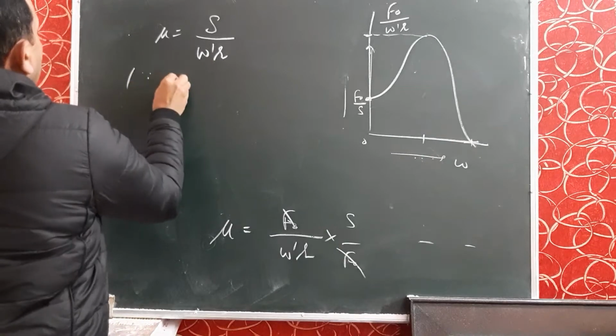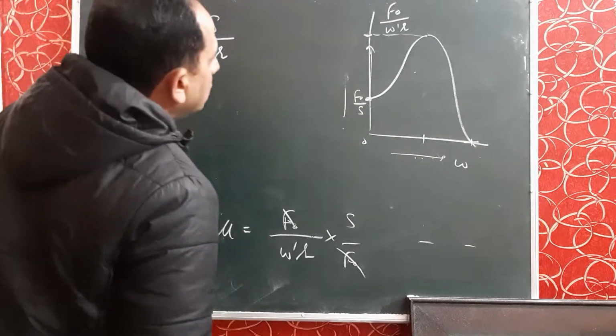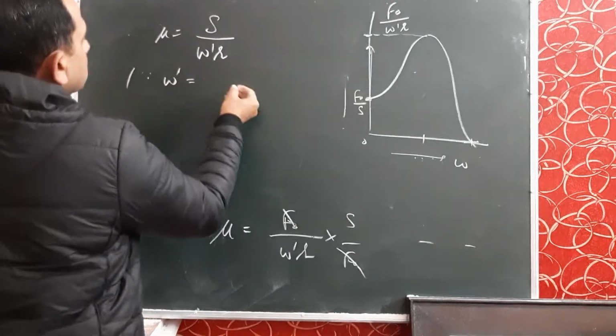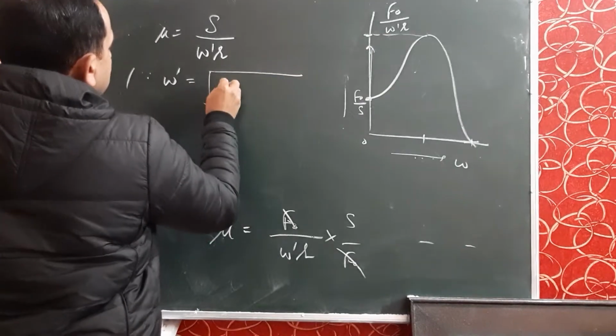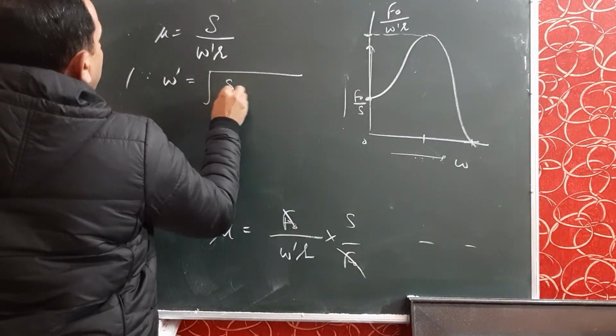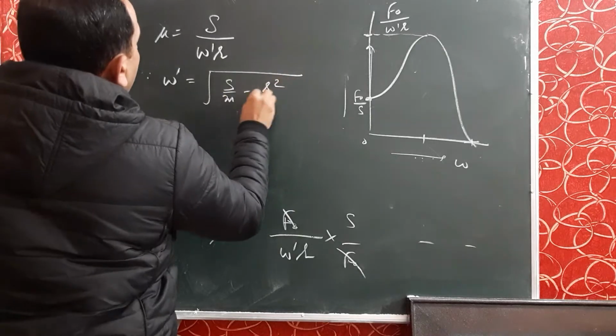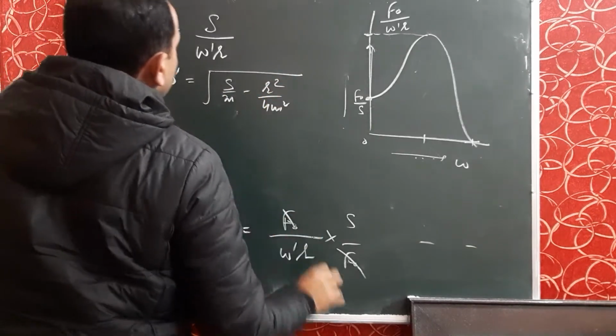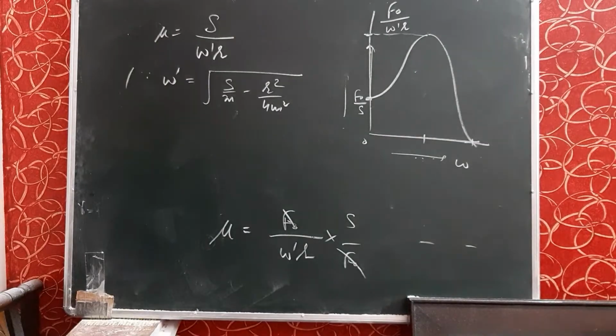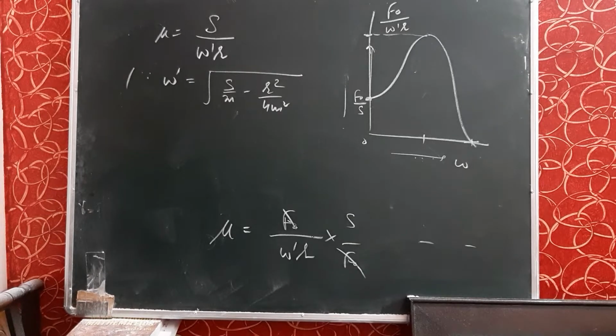Since omega dash is the resonance frequency for amplitude, it is the square root of s by m minus r square over 4m square.